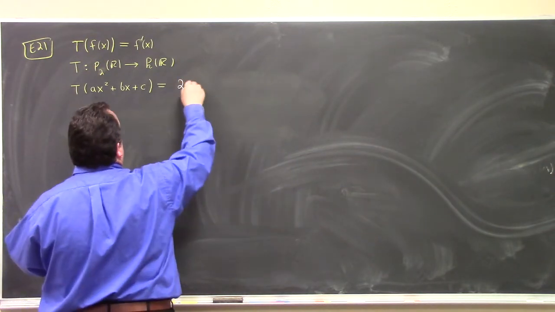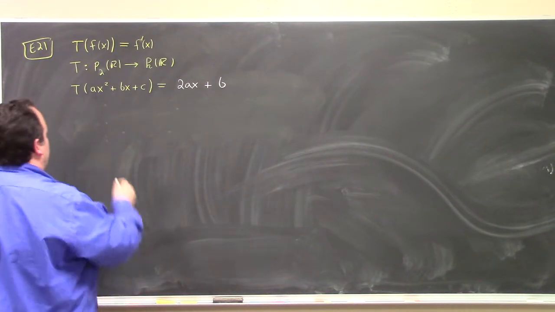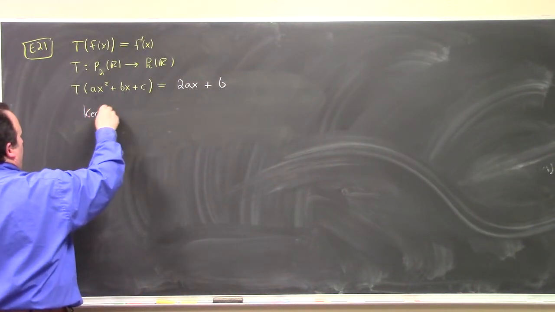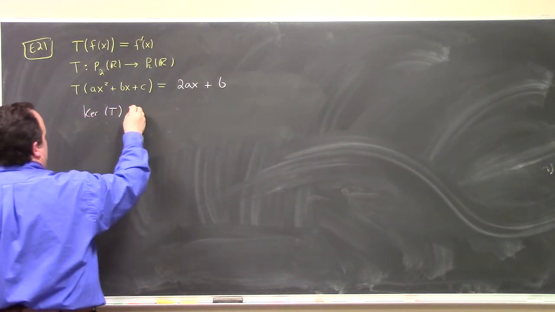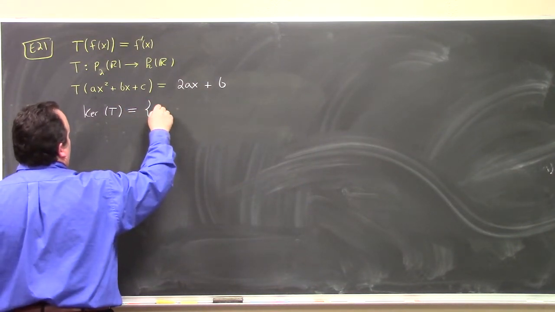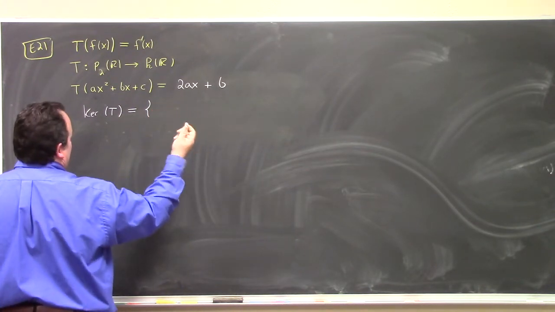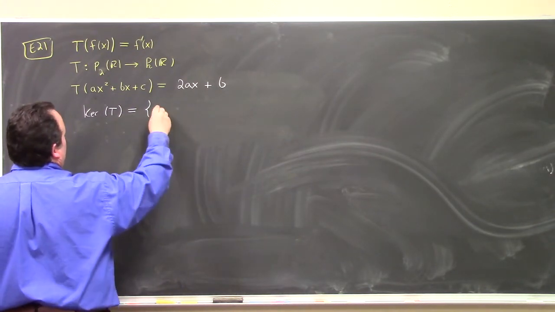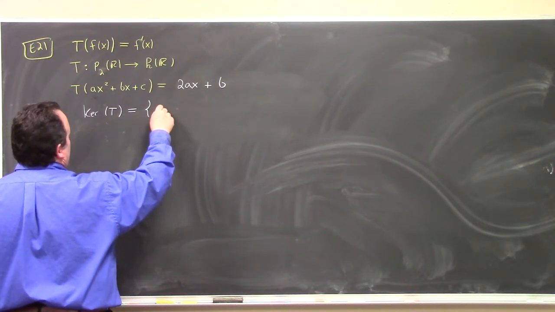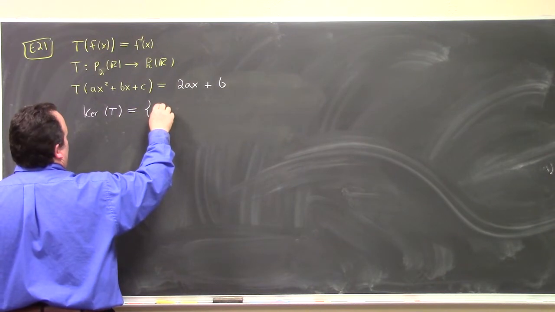So this is 2ax plus b. All right, there we go. A little bit easier to work with. What's the kernel of T? Your calculus knowledge already told you it was 0. Not, well, no. So 2ax plus b, the only way you get that is if a and b are 0. Okay, so if a and b are 0, we're just looking at c.